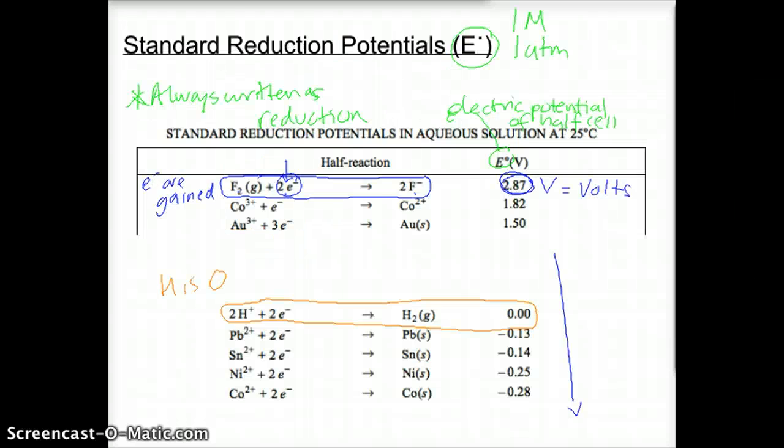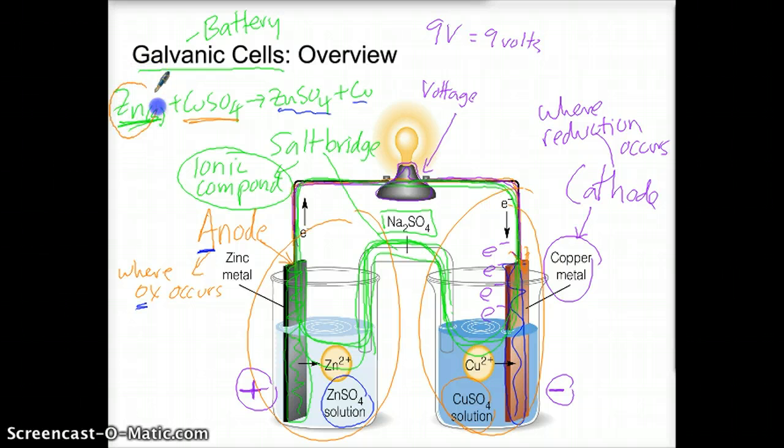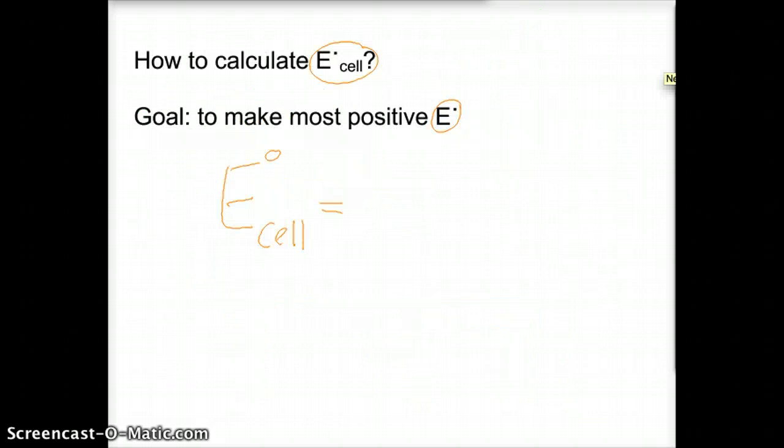Because if you remember here, we don't just have one reaction happening. There's one reaction happening on this side and another reaction happening on this side. One thing is getting oxidized, zinc, one is getting reduced, copper. So we need 2 half reactions.